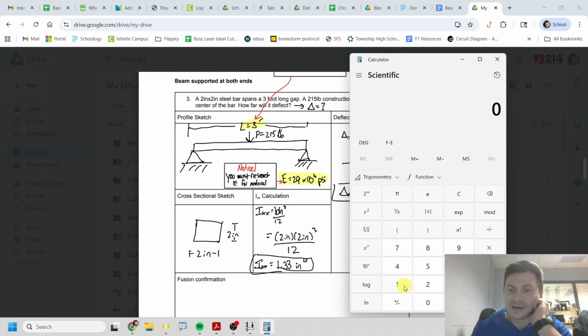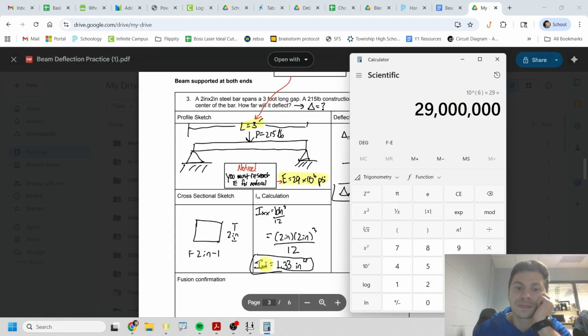Yeah, this will be better. All right. So 29 times 10 to the 6, that times 29. Sorry, this is me figuring out the calculator here, but this is the E, the Young's modulus, 29 times 10 to the 6. That's this number. Times the IXX, times 1.33.